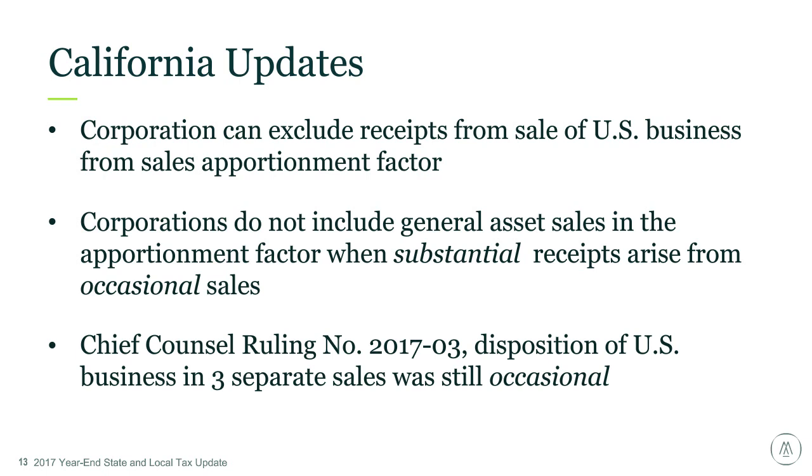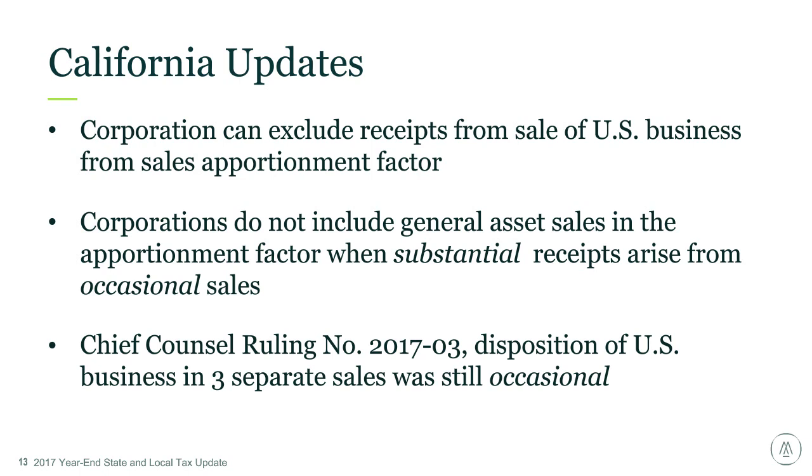But this California regulation kicks out from the sales factor sales of large sales that are considered substantial and occasional. So you need to meet both tests, or maybe better said, if both tests are met, then the sale is kicked out of the factor. And that can have a big impact on a sales factor if it's a large transaction.